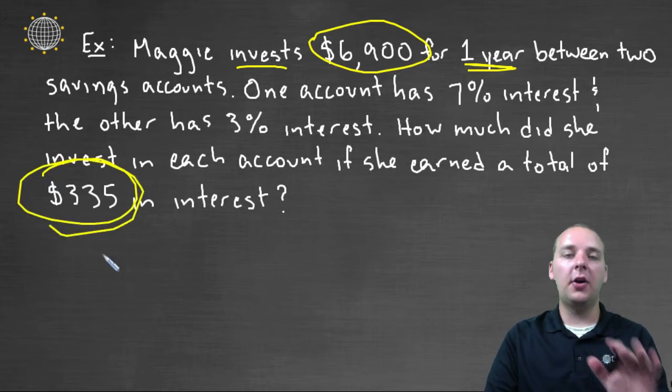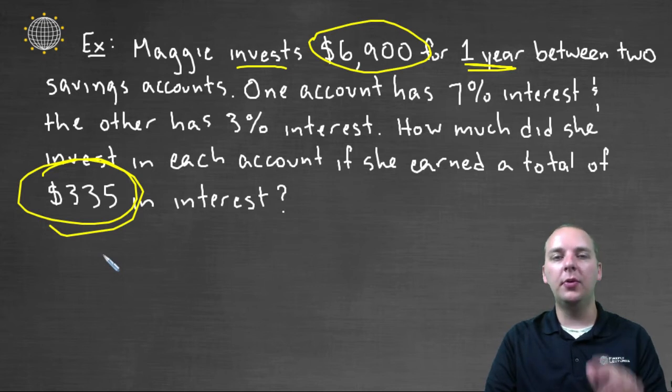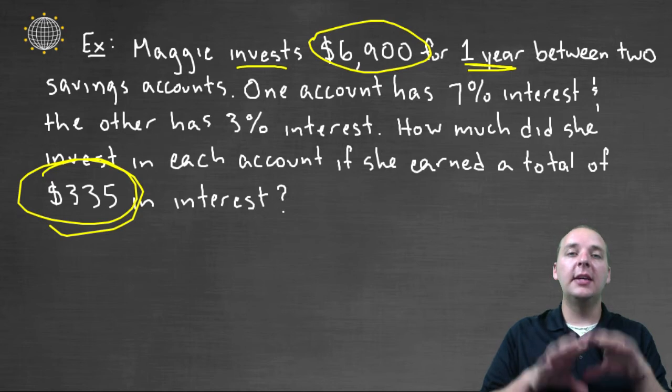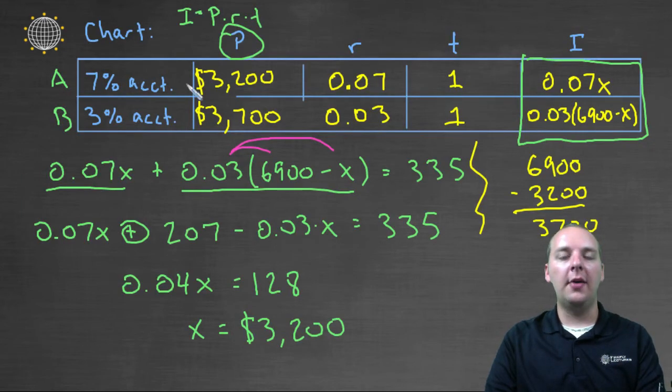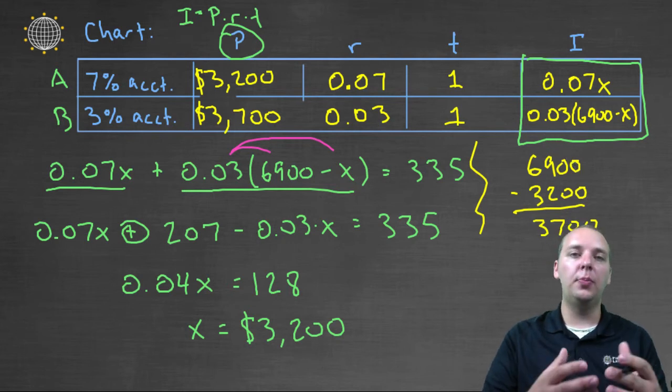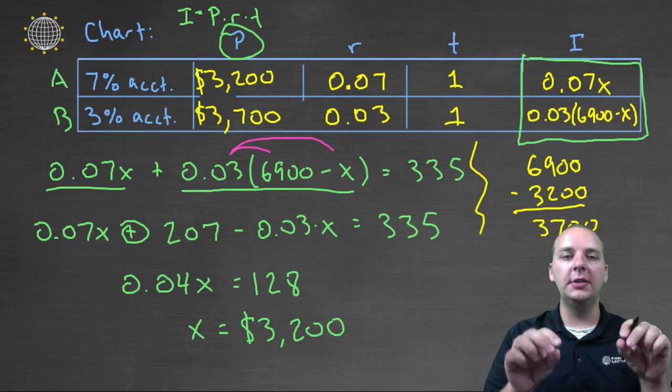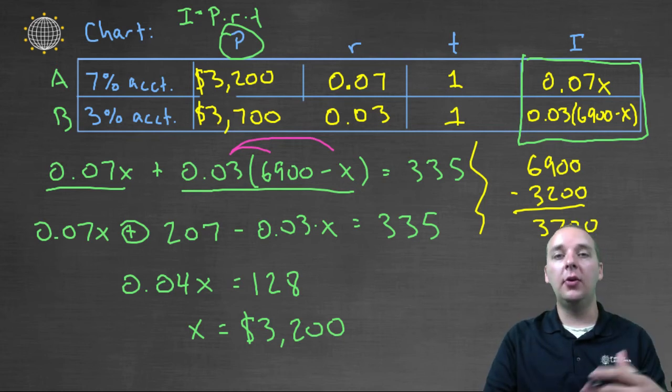So that's how we solve these very typical, these very common interest rate problems where you have investments in two accounts. You make a chart. You have multiple rows representing each of the accounts. You write your principal and your rate and your time and your interest, etc. And then you use the information provided in the word problem to write an equation that you can solve that'll tell you how much was invested in each of the accounts.